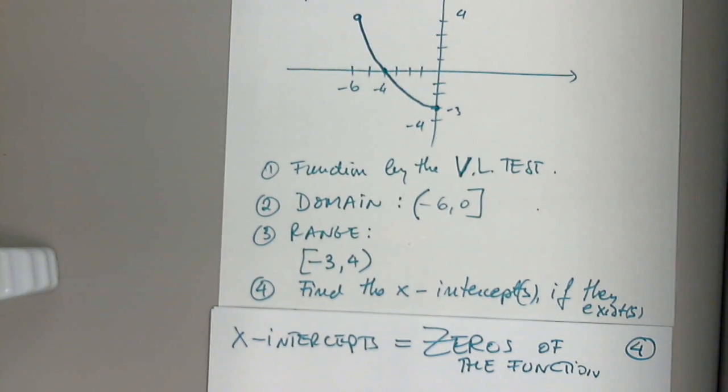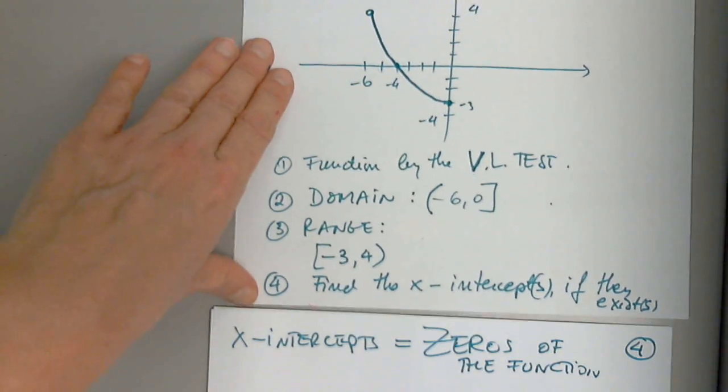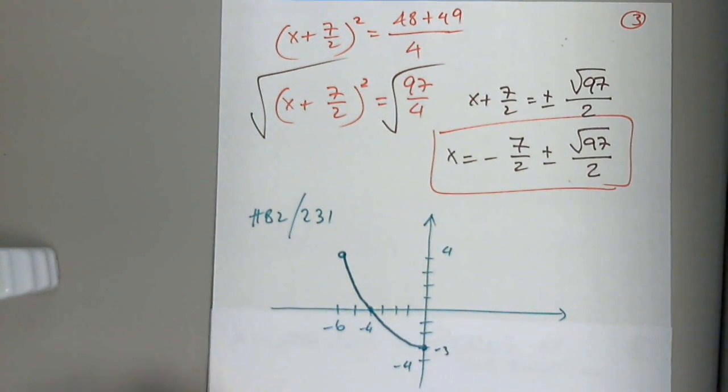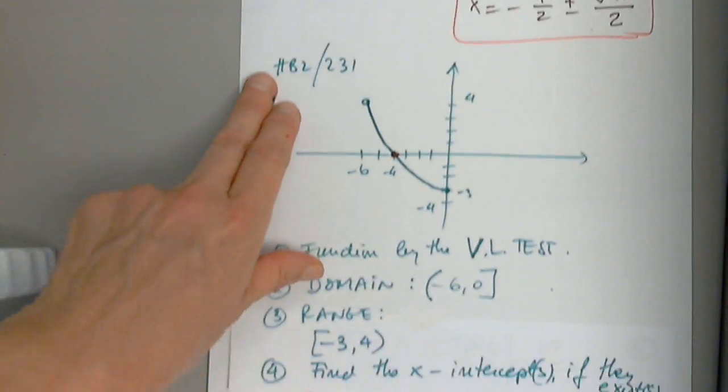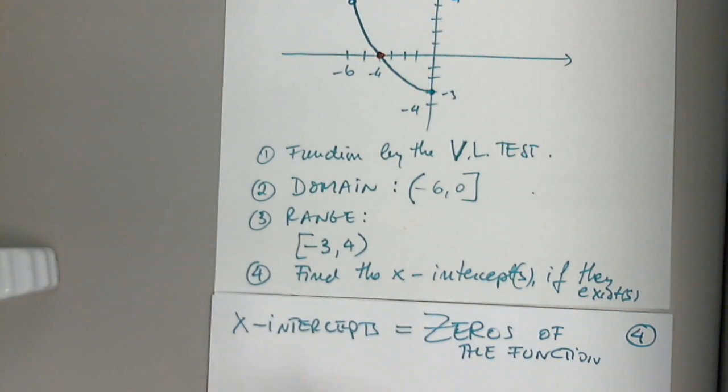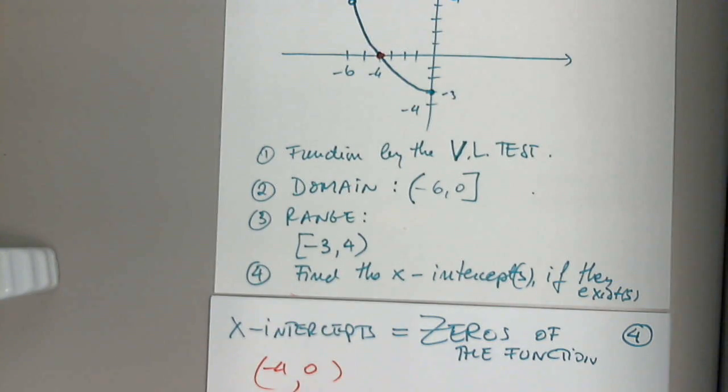So when we talk about x-intercepts, we also mean zeros of the function. Same thing. So let's go back and say, does this function cross the x-axis? Yes. This is the point where it crosses the x-axis. Let's identify it as an ordered pair. Very good.